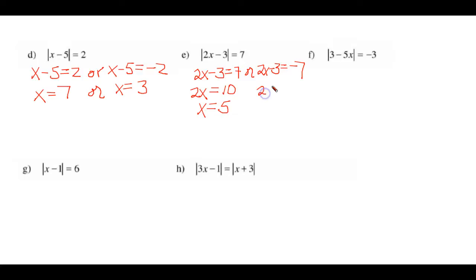So here we get 2x equals a negative 4. Divide both sides by 2, x equals negative 2. Again, this is tricky because they're saying absolute value equals a negative. That can't be. So this is an empty set. There's no solution. All right.